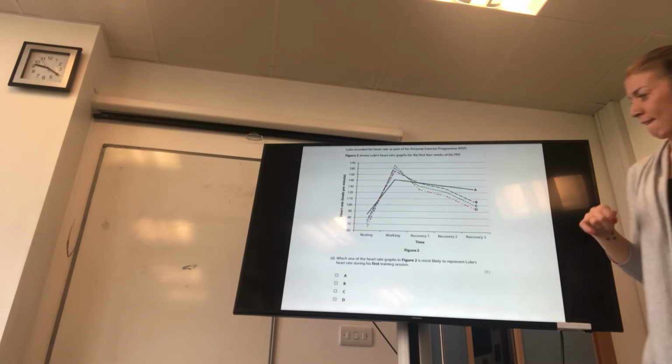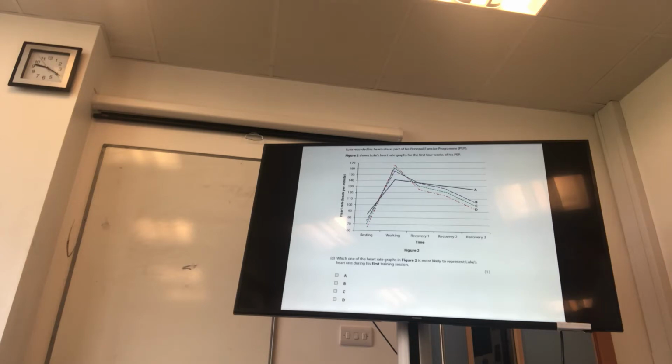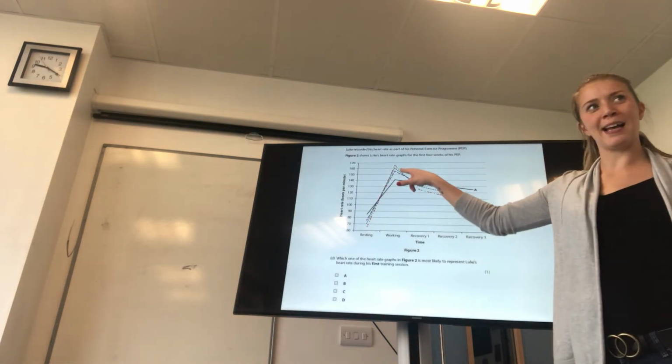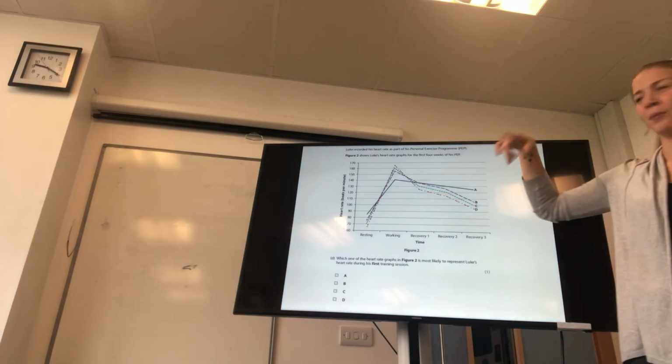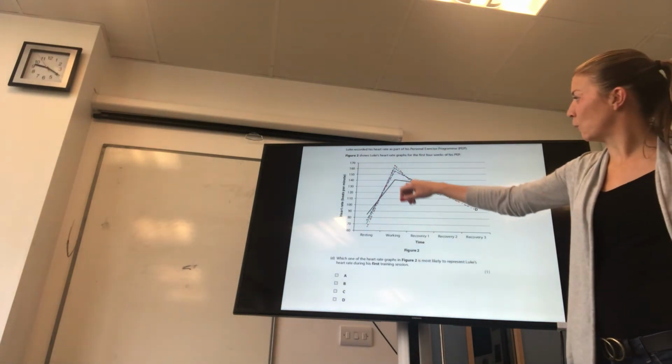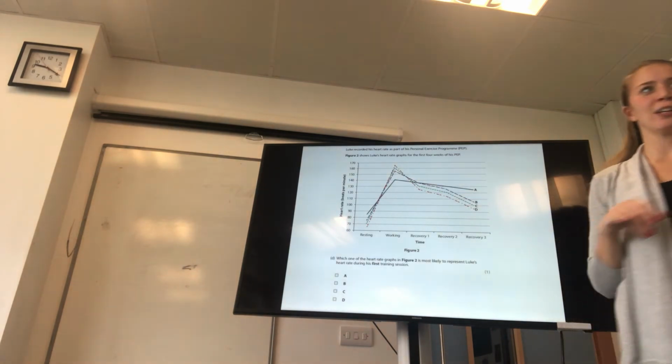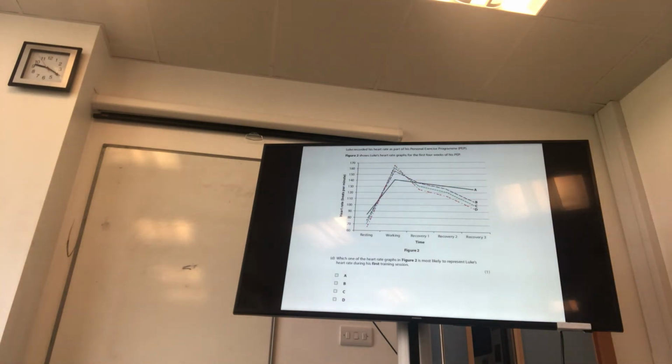But the exercises will stay the same, he'll get better at doing them. So more than likely, this one would be D, because he'd be struggling in his first week. He'd really struggle to do that exercise, so his heart rate would be the highest.